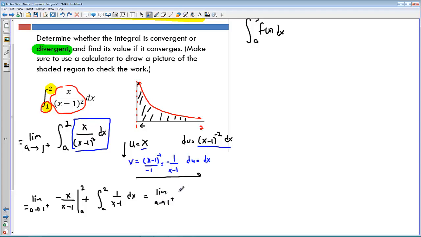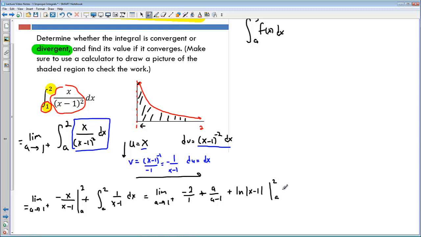And then what do we get here? We just plug in the 2. We can do that. Plug in the limits of integration. So we get negative 2 over 1 minus, plug in the a. So minus and minus is a plus. And you get a divided by a minus 1. I'm just plugging a in there. And then plus this integral, so I can find that antiderivative by guess and checking, so ln of x minus 1, going from a to 2.